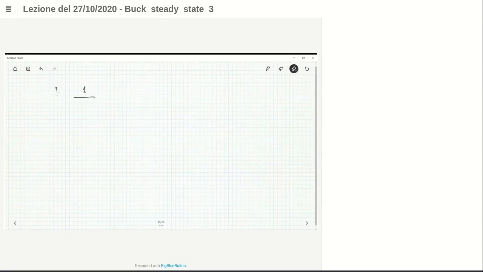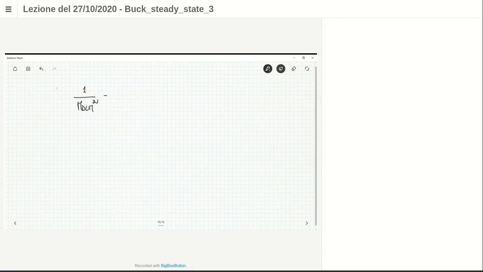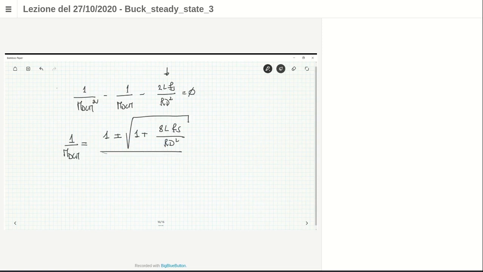Let me rewrite this expression in a more usual form. I can multiply this parenthesis here with 1 over M DCM, and you can get 1 over M DCM squared minus 1 over M DCM minus 2 L Fs over R. Okay, this is the second order equation from which we can derive 1 over M DCM equal to 1 plus or minus the square root of 1 plus 8 L Fs over R, divided by 2.